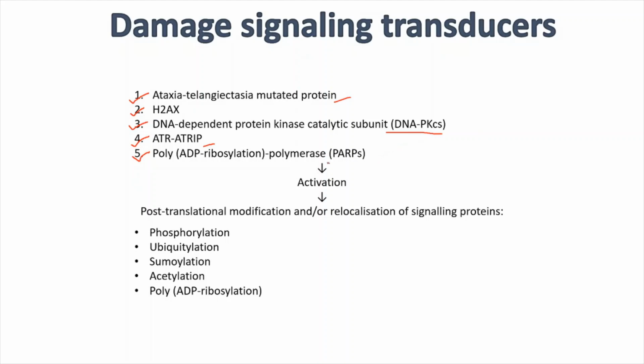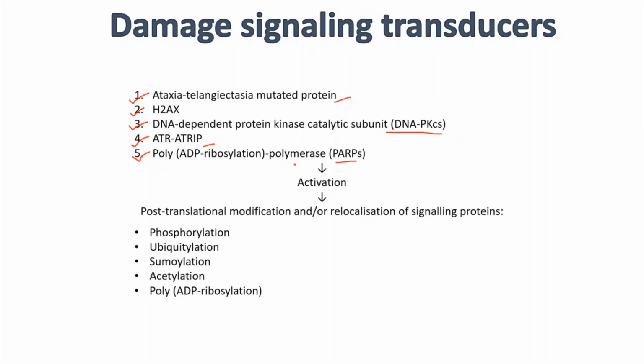So coming to PARPs, which are poly ADP ribose polymerases, I had mentioned PARP1. So PARP1 and PARP2 are actually involved in the recognition and signaling of radiation-induced DNA damage, such as single strand breaks, any DNA nicks, and even DNA double strand breaks.